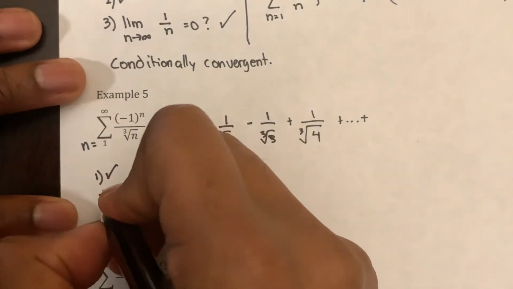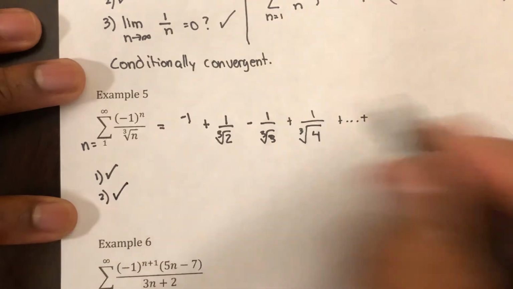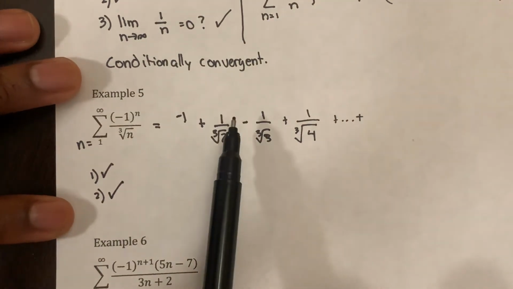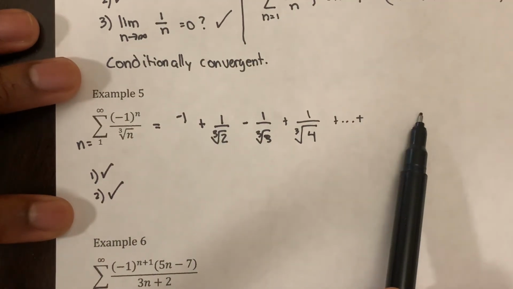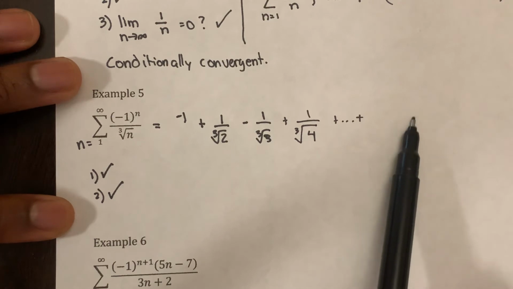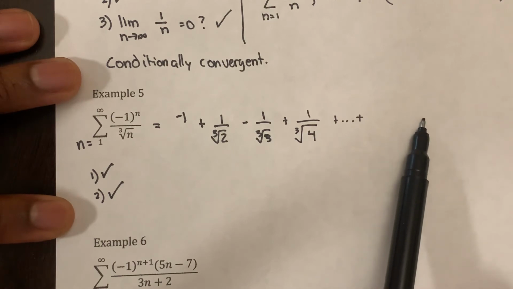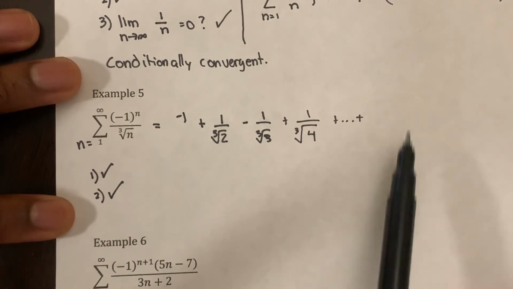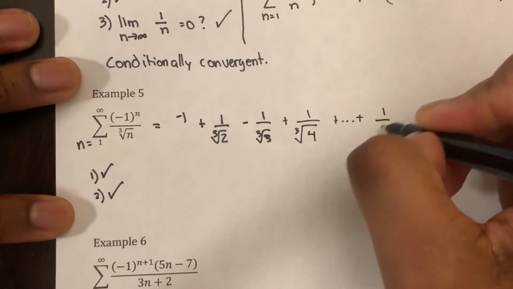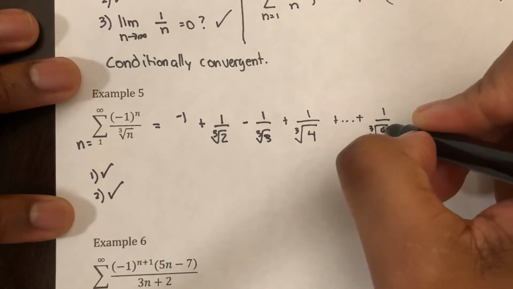Yes. 2, do they get progressively smaller? Yes. Imagine you get out to n equals 8. That would be 1 over the cube root of 8, which is 1/2, because the cube root of 8 is 2.